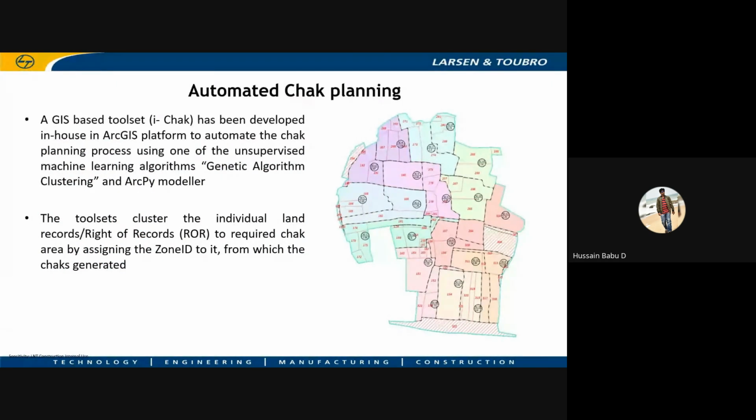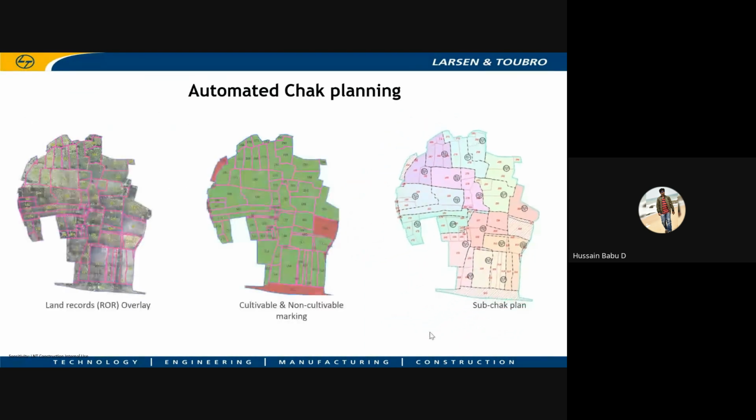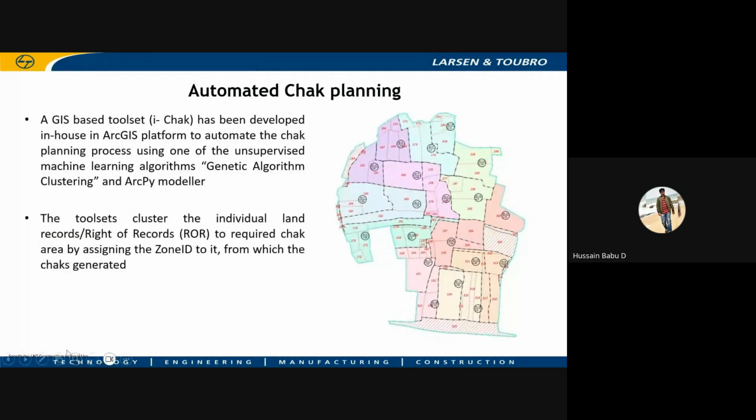This is the automated check plan which we will do. So this is how one check is defined. You can see here these are the plot numbers of individual farmers. We will combine these plots as one subcheck.